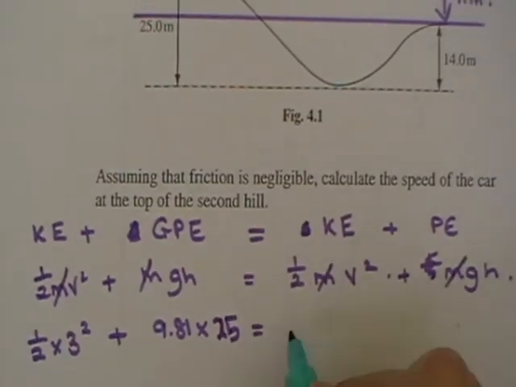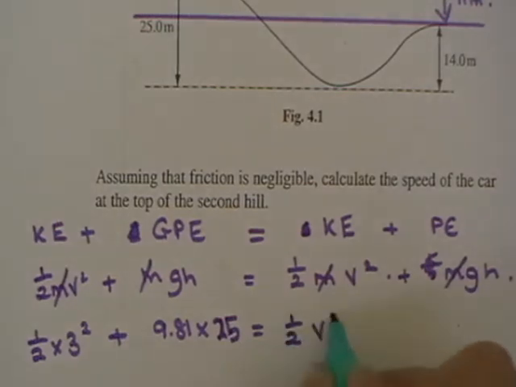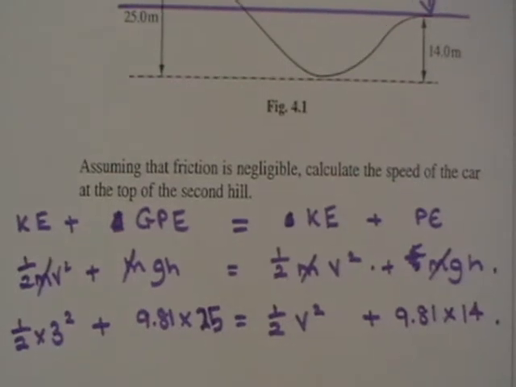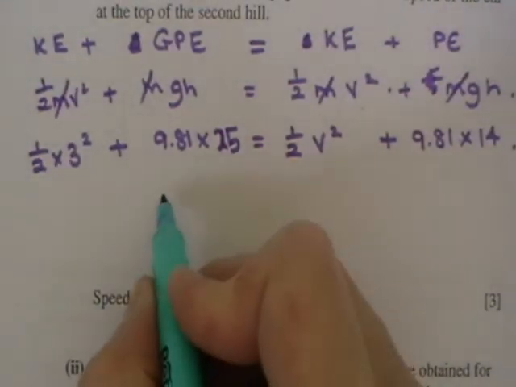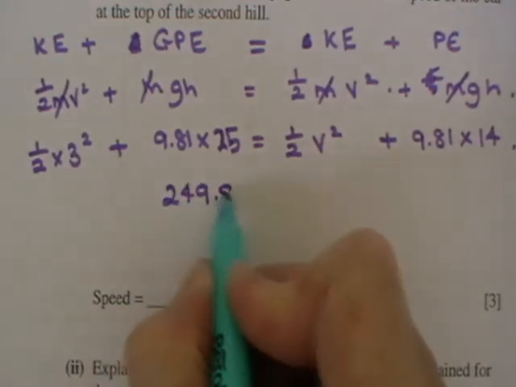And that's equal to a half. We don't know the v squared on this side of the hill, but we do know that we've got 9.81 times 14 on the other side. And therefore, this side of the equation gives us in total 249.8.